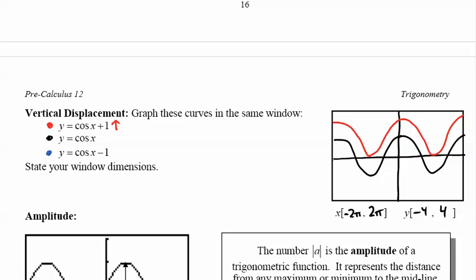If we move it down 1, it's going to start on the x-axis and bounce off kind of like a ball. Okay, so that's called vertical displacement. Vertical displacement changes the d value.